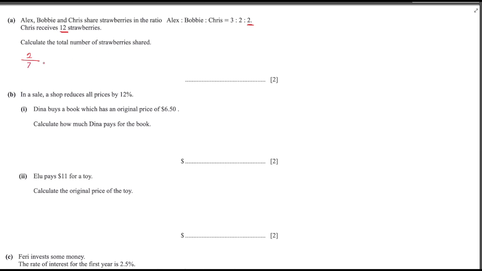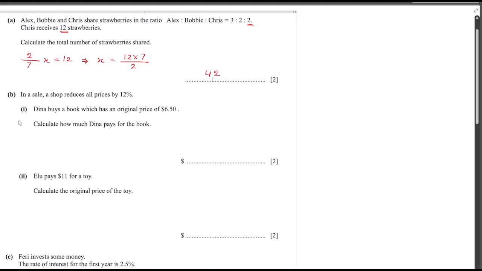So 2/7 of x gives me 12, where x is the total number of strawberries. So x is 12 times 7 divided by 2. 12 divided by 2 is 6, 6 times 7 is 42. So your result is 42.